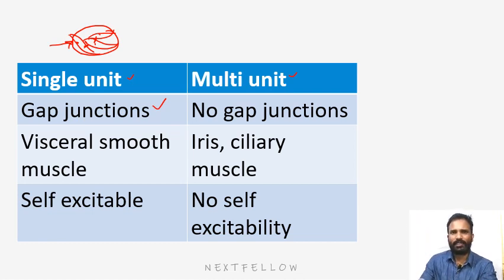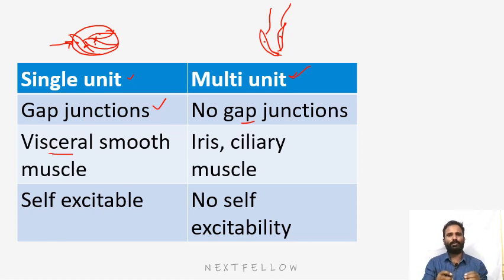Whereas in multi-unit, each smooth muscle cell is not connected to the others, so individually they will be excited by different nerves. So no gap junctions, and it acts as a multi-unit. Our visceral smooth muscles are examples of single unit smooth muscle, whereas the iris and ciliary muscle present in the eye are multi-unit smooth muscles. The single unit is self-excitable and the multi-unit is not self-excitable. It is excitable only with a stimulus.